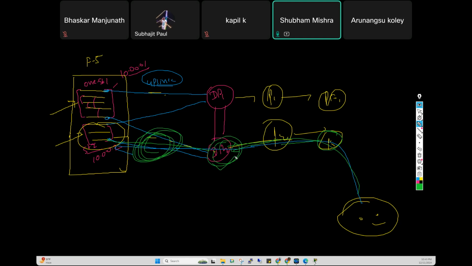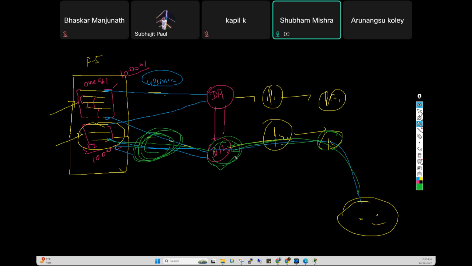Getting my point, everyone? Yes or no? Clear? Yes, sir. So whenever you work in real time, please remember these things. Management VLAN is very, very important. So whenever you configure the switch, don't forget to allow that VLAN over the trunk. अगर आपने trunk पे allow नहीं किया, तो आप उसका console ले ही नहीं पाओगे.